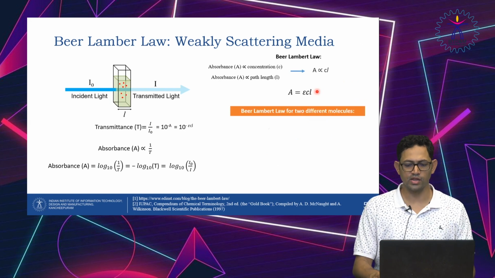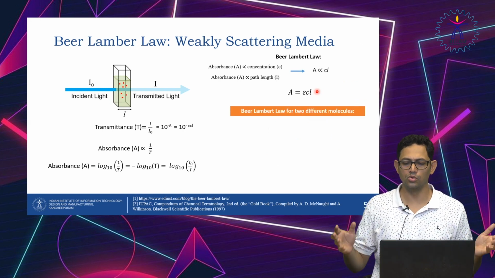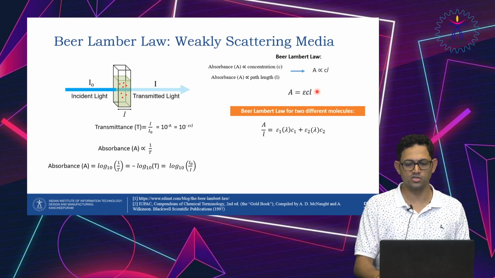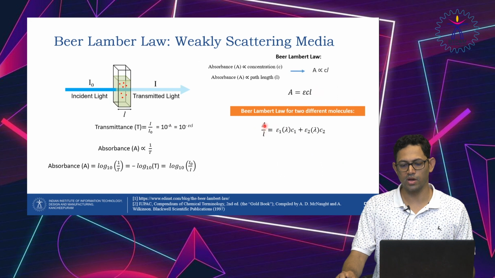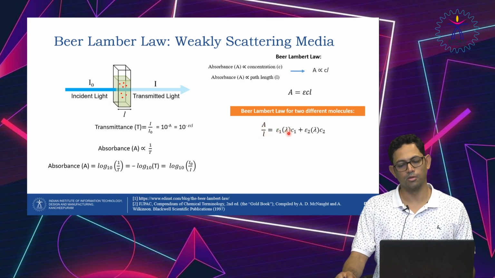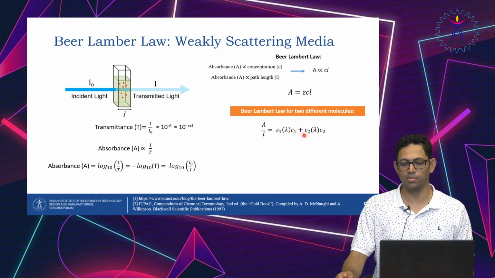In that case, Beer-Lambert can be defined for two different molecules. A over L can be given by epsilon 1 as a function of wavelength times C1, plus epsilon 2 as a function of wavelength times C2.